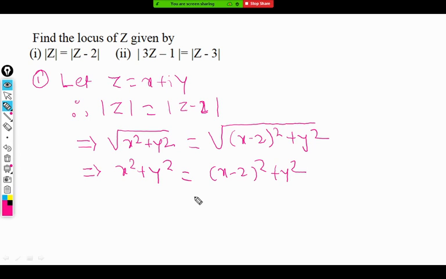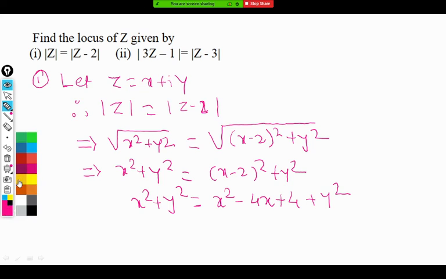Probably it is a straight line. Let me see. X square, because minus, square terms will be eliminated. So this is a simplification of the bracket squared, and we observe that x square and y square get cancelled, and we get 4x equal to 4, and we get x equal to 1.